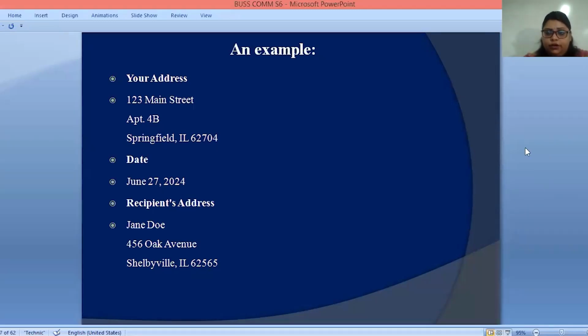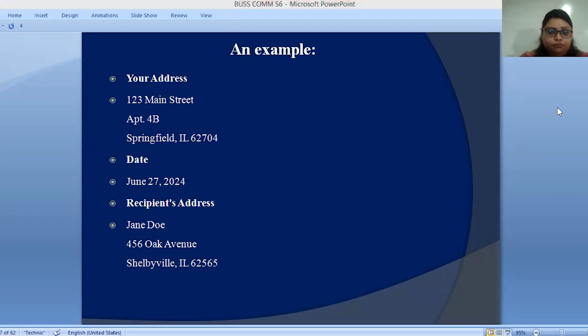This is the example of a personal letter. You have to mention your address. A friend is sharing a personal letter in which he is mentioning that he has got a new job opportunity, and what he is feeling he is sharing with his friend.